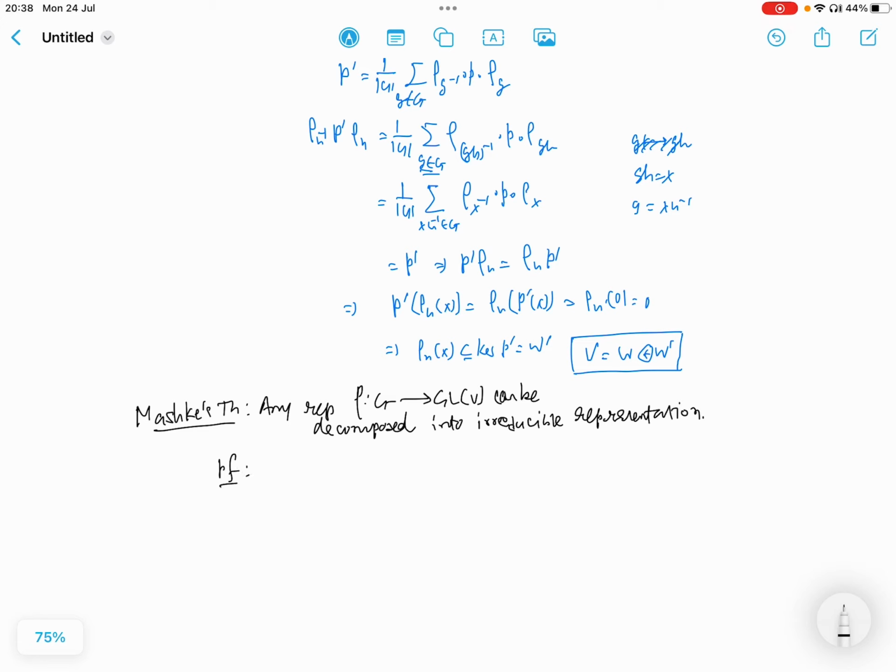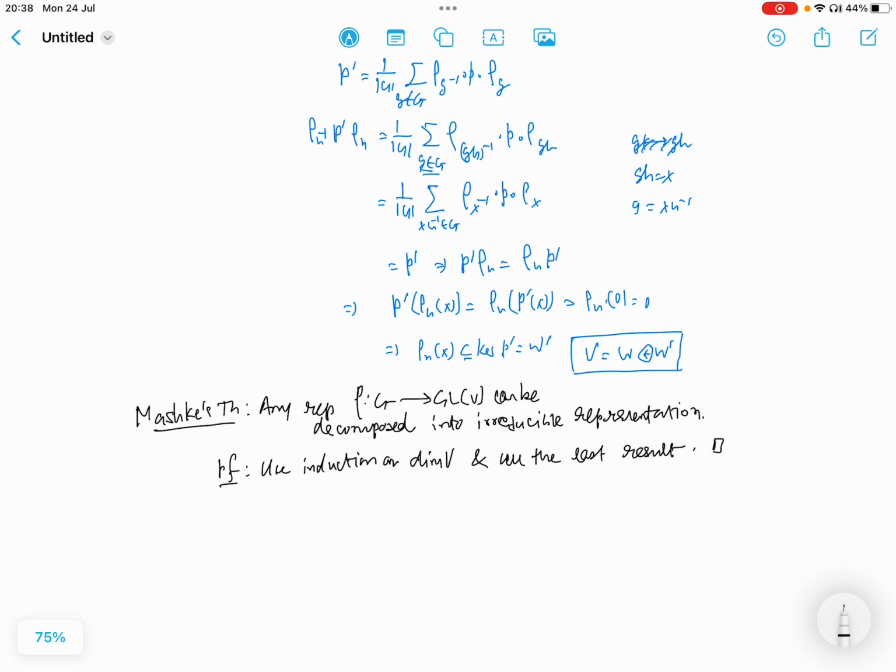And the proof is just to use induction on the dimension of V and use the last result. So I'm not going to do it here.